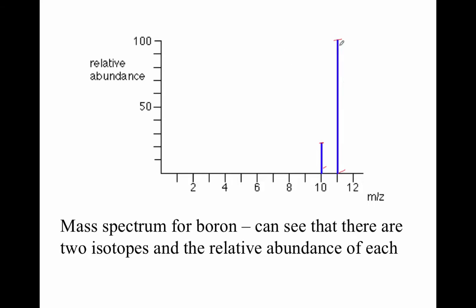And if you look, this boron 11 looks like it has a relative abundance of 100, and this is of 25. I can't have 125% of a sample, so really you would take your 100 over your 125 times 100 to get your percent abundance for your boron 11.